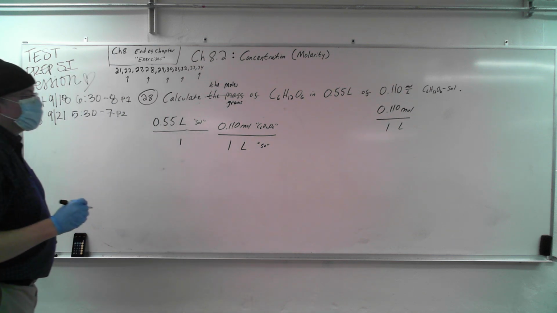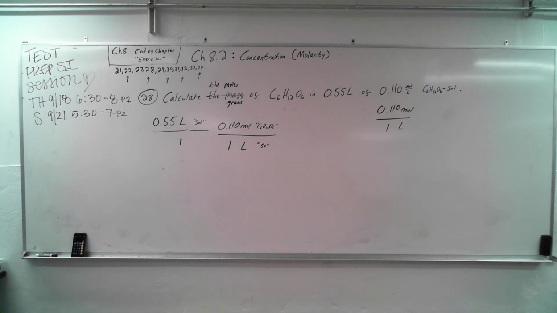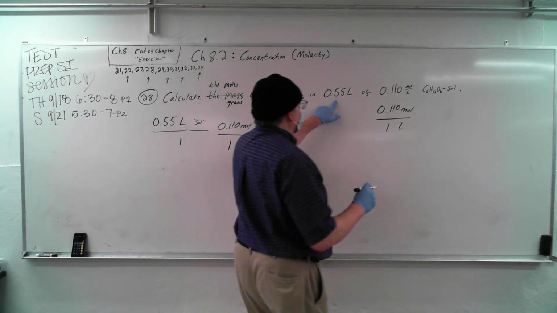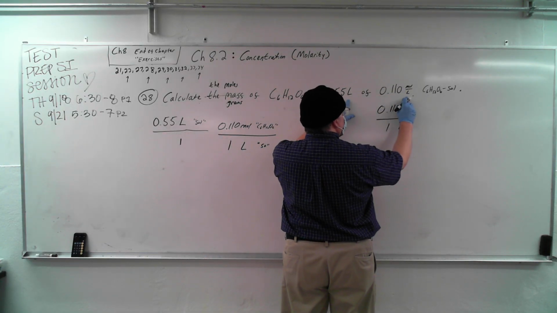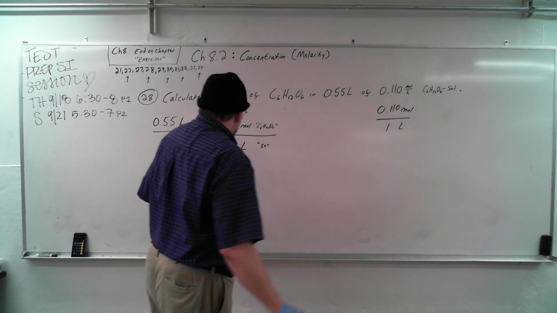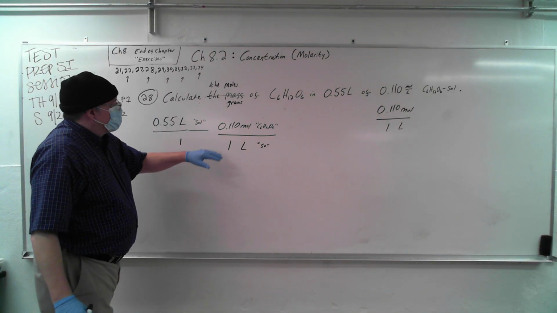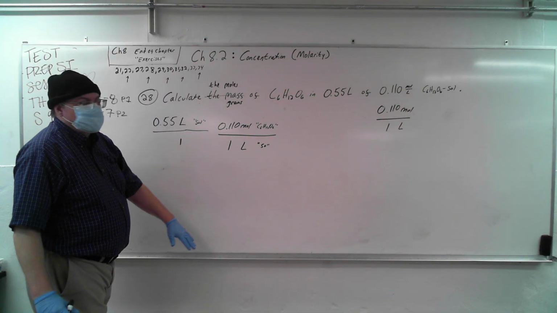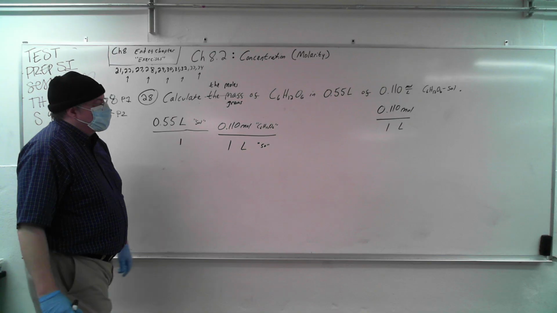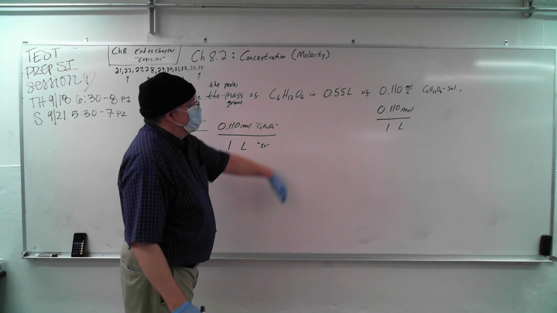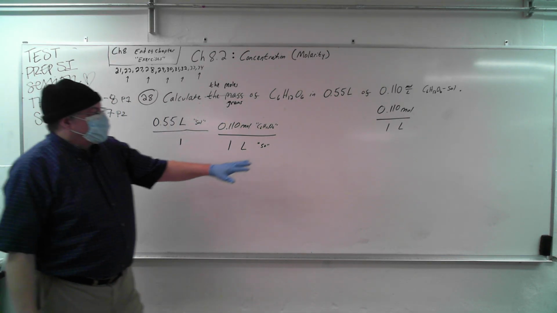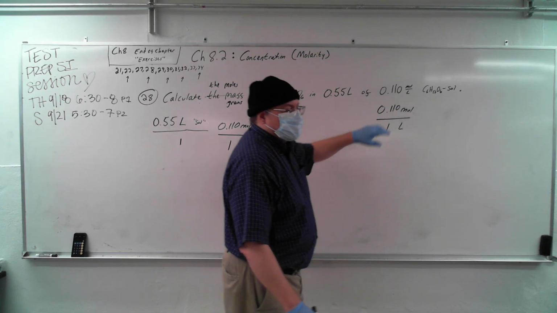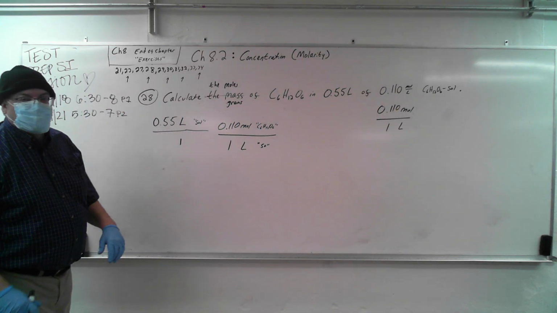Calculate the moles of this in 0.55 liters. So notice, if you just multiply this by this, the liters cancel, and that'll give you moles. So if this question asks how many moles of C6H12O6 is in 0.55 liters of this concentration, that's all you need to do, that'll give you some moles.